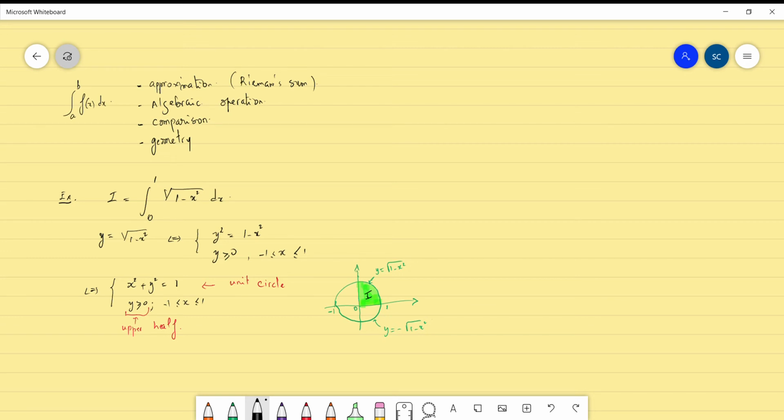It's 1 over 4 of pi r^2, where r^2 is 1^2. The area of the total disk is pi r^2, so the exact value is pi over 4. So we can use geometry in very specific situations where we have simple shapes for which we already know how to compute areas.